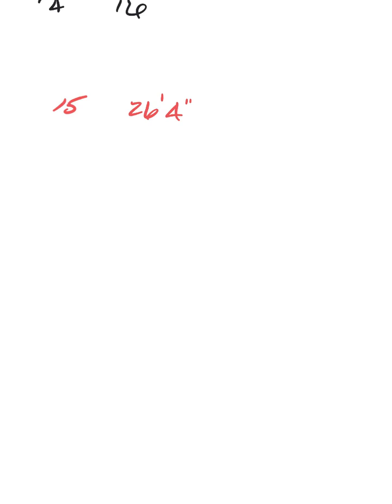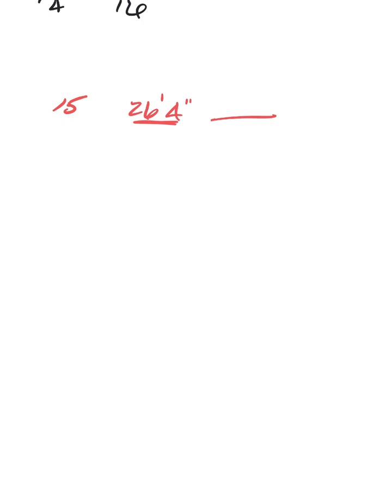We need to know the total length. That's what they're asking for first. So the total length of pipe is 15 times 26 feet 4 inches. You can't just take 26 feet 4 inches and multiply that by 15. You have to change this to either a fraction or a decimal. Either way is fine.